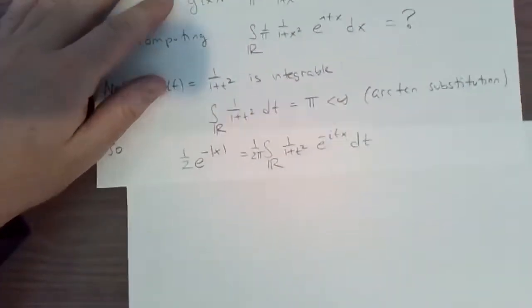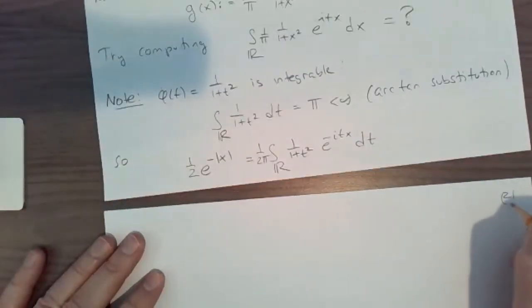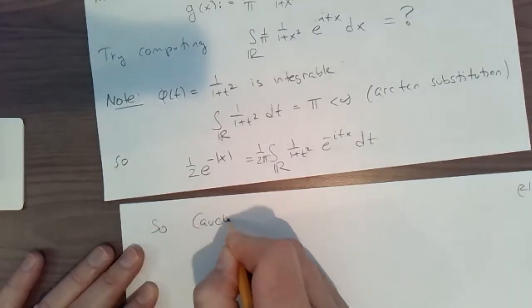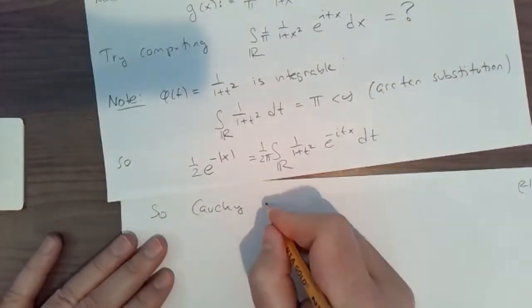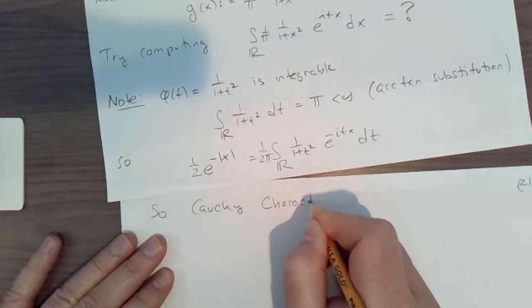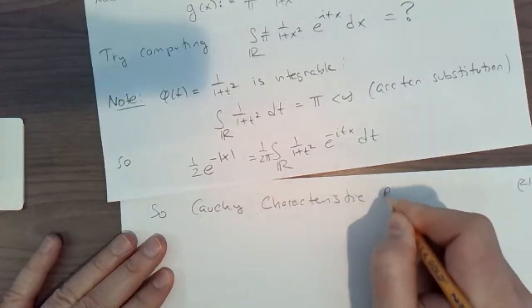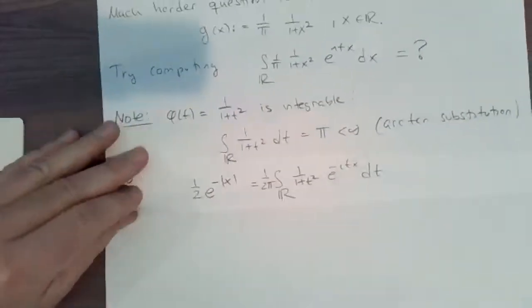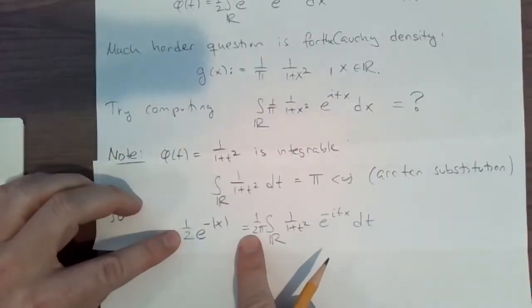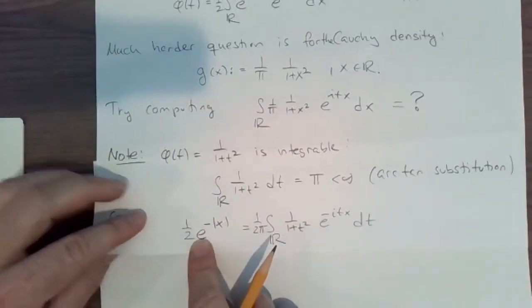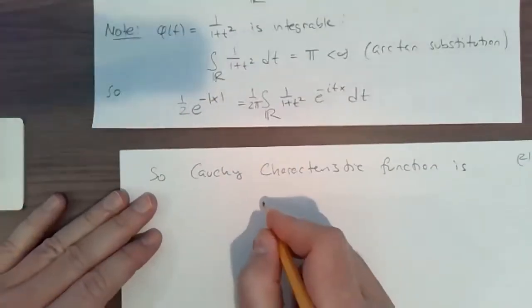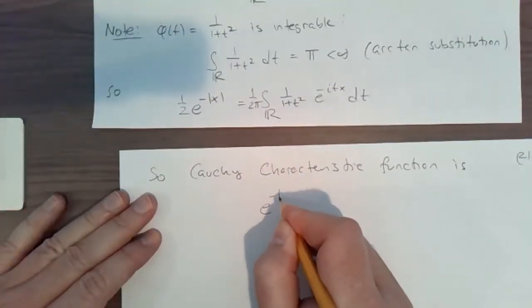And so we get the Cauchy characteristic function almost for free. I can cancel out the halves, then it's just e to the minus absolute value of t.